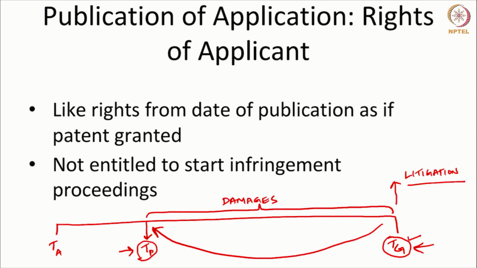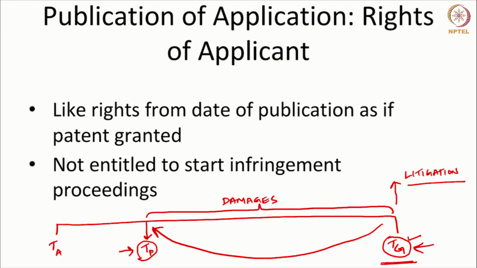So because of this requirement, law requires a suit to be instituted only at this point, the time for grant, TG. Till the time for the grant, it is not clear as to what an applicant can enforce. So after grant, the patent is granted, it is again published, and the claims are clear, and the claims form notice to the world at large.